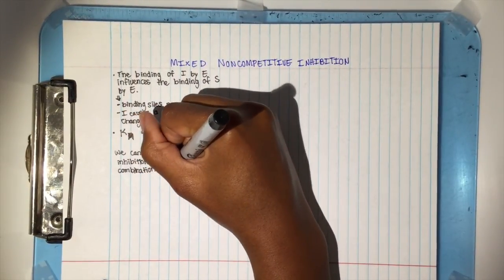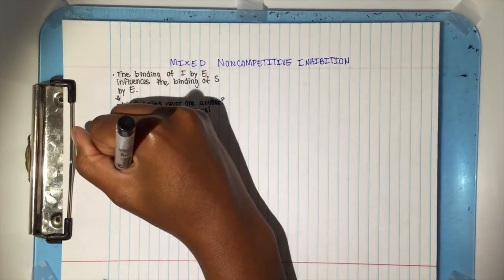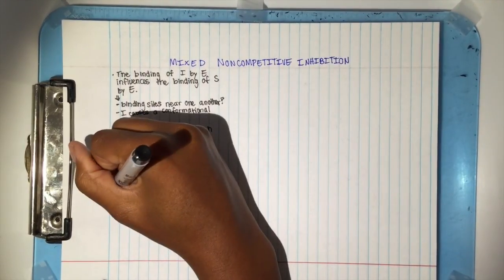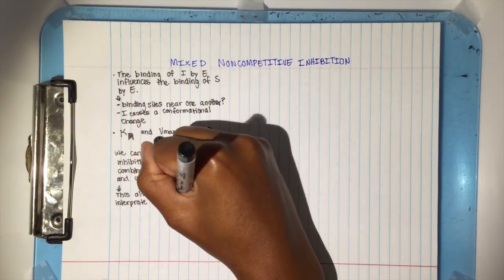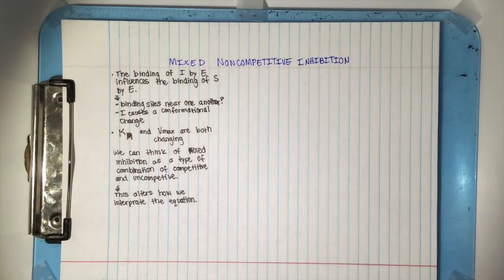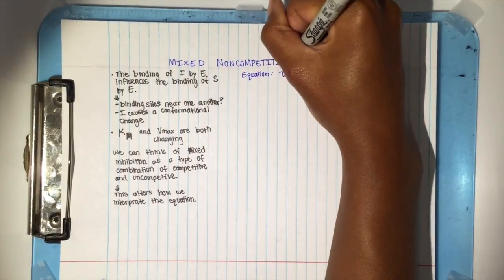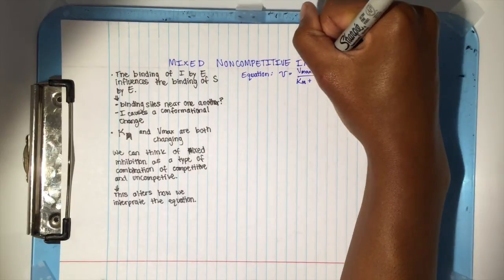And so this actually alters how we interpret the equation and figure out which factors are changing by 1 plus I over Ki, which we will actually see once we derive the equation. And let's not forget our standard Michaelis-Menten equation as our foundation for deriving the next equation.